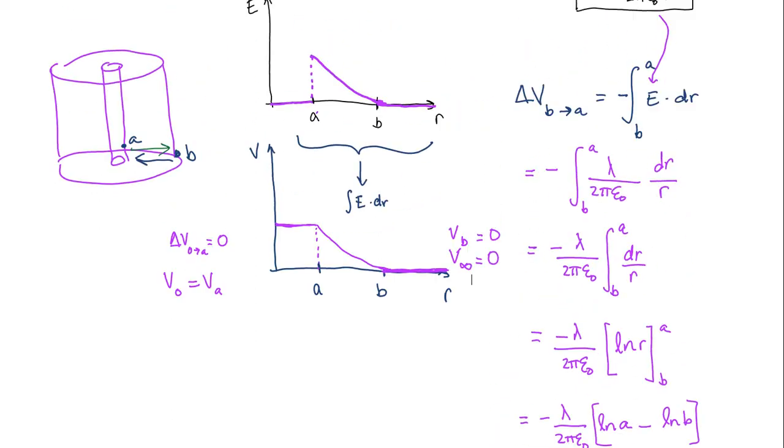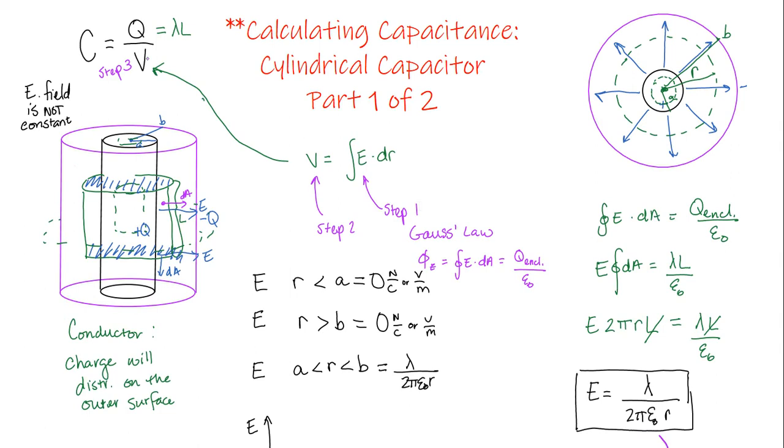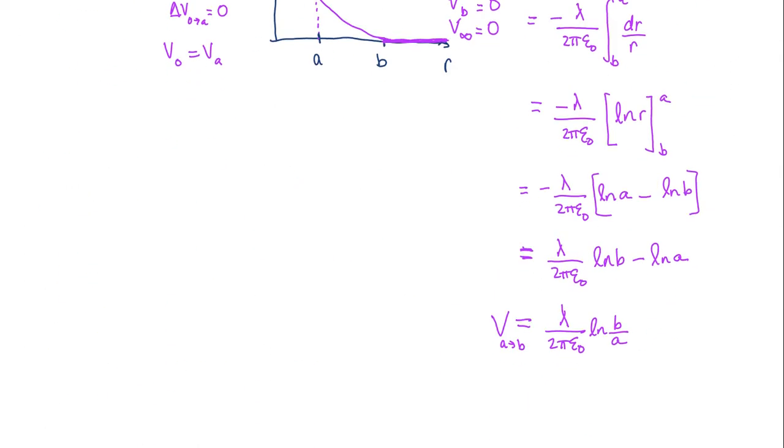Okay, we're almost ready for step 3, which is to actually figure out the capacitance, which is what this whole circus is all about. So let's go ahead and do that. Okay, so we're trying to figure out this capacitance. We know it's Q over V, and we just found our expression for V. So what I'm going to do here is plug everything in.